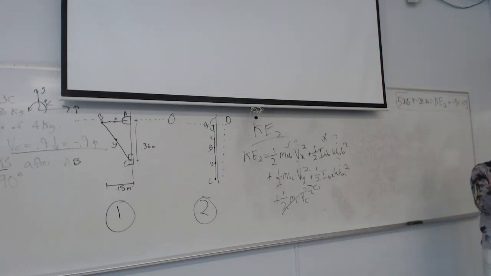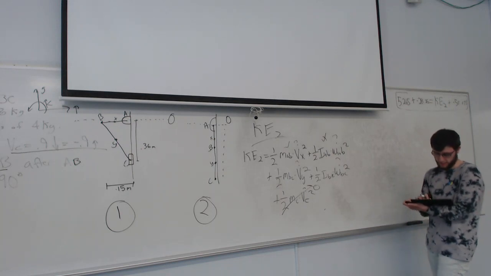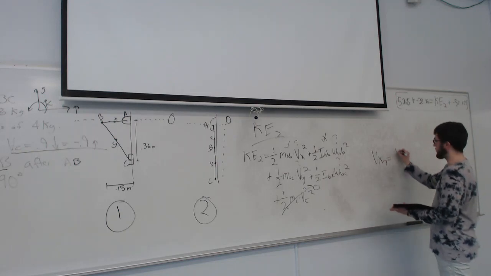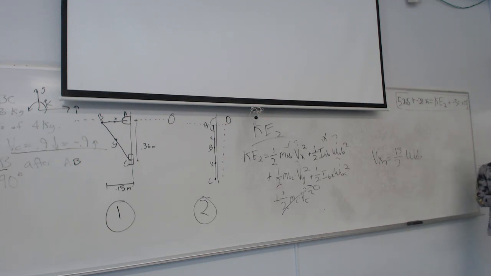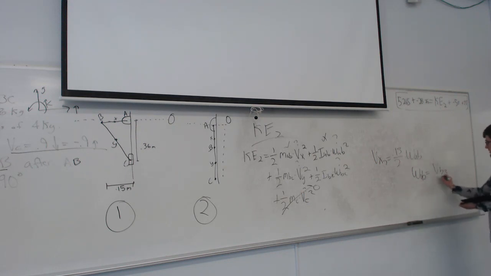But the process is, I solved for everything in terms of variables, and then I design it so that I can substitute. I'll give an example. I know that the velocity of x at 2 is equal to 0.15 over 2. I found this earlier and I proved it, right? I then found that, though I didn't prove this one yet because I ran out of time, angular velocity AB equals this term.